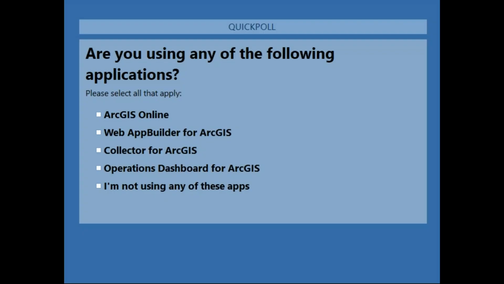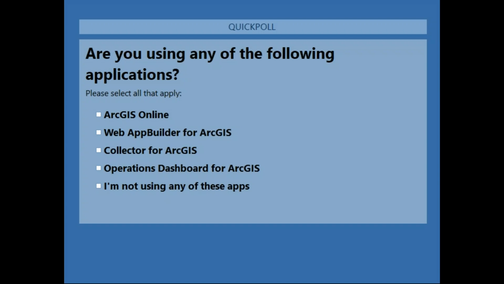All right, audience, we have the polling question launched. Are you using any of the following applications? ArcGIS Online, Web App Builder for ArcGIS, Collector for ArcGIS, Operations Dashboard for ArcGIS, or you're not using. It looks like we have about 80% of our attendees using ArcGIS Online.